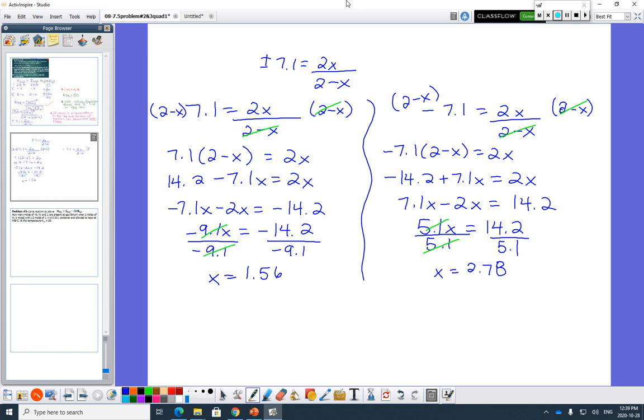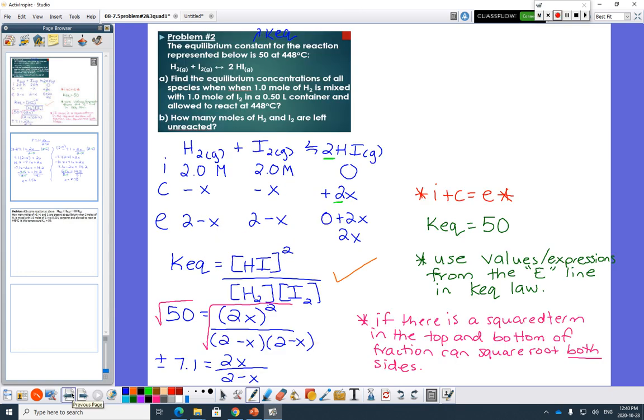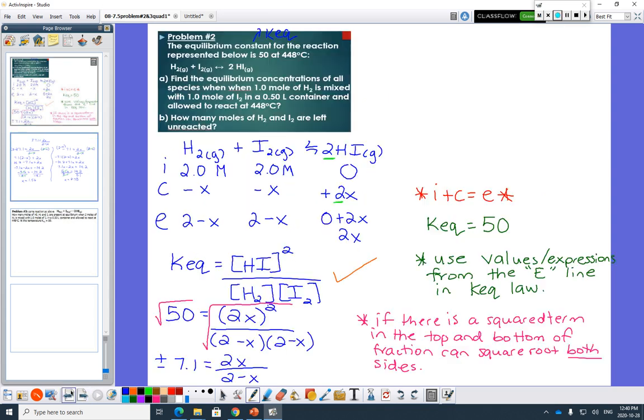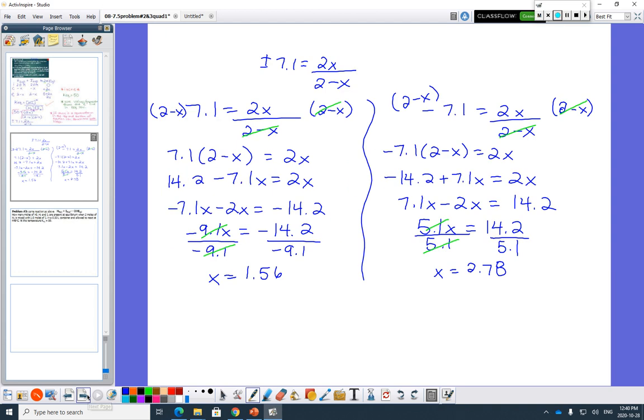We're never done once we solve for x. So we're always going to go back and plug them in to our equilibrium line here: 2 minus x, 2 minus x, and 2x. So if you plug in 2.78 here, what would you get? A negative. Does that make sense? No, you can't do that. So we call that inadmissible.